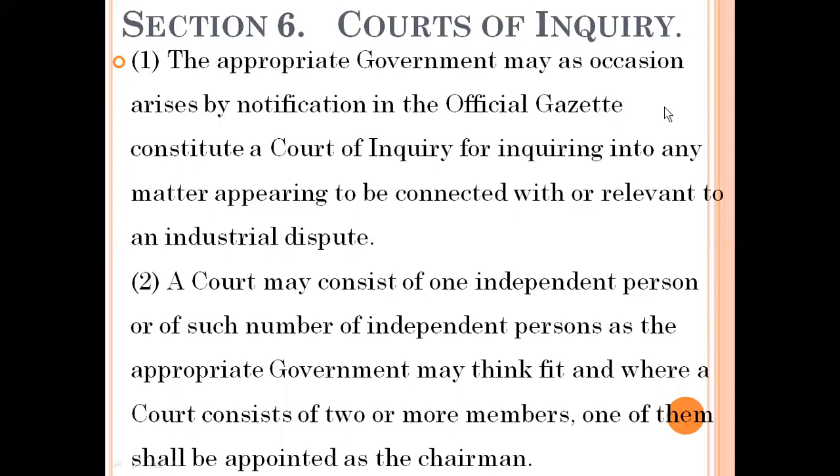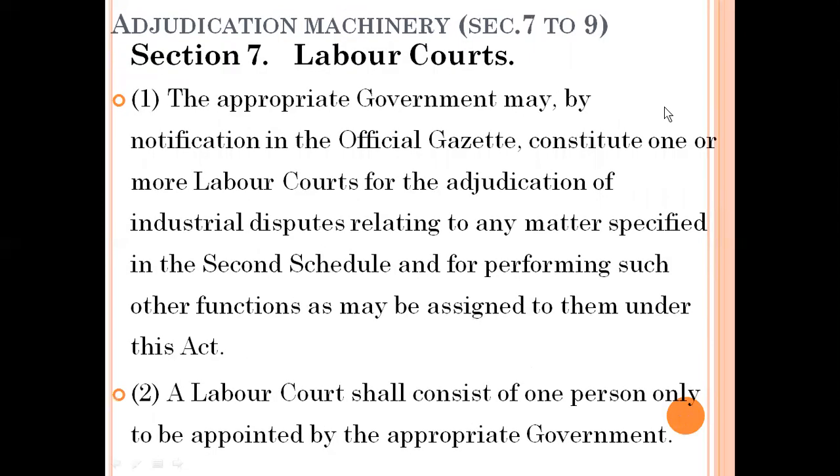A court may consist of one independent person or of such number of independent persons as the appropriate government may think fit, and where a court consists of two or more members, one of them shall be appointed as the chairman.